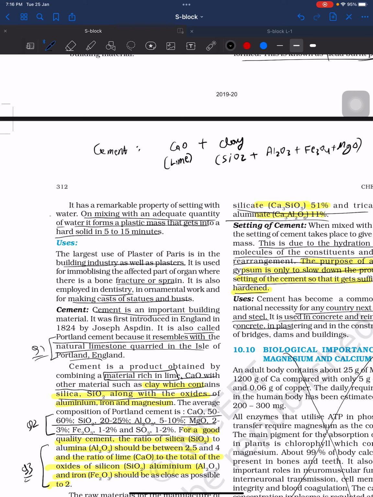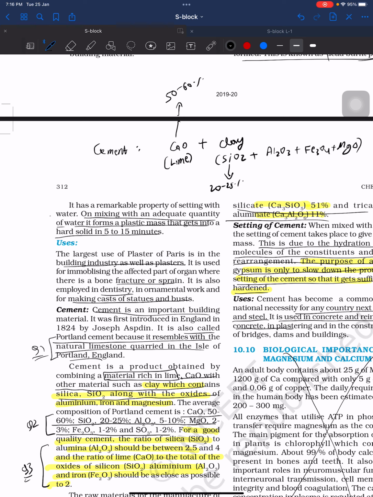So the composition of Portland cement is basically calcium oxide, around 50 to 60% of the total mass of the cement. And SiO2, which is silica, is basically 20 to 25%.